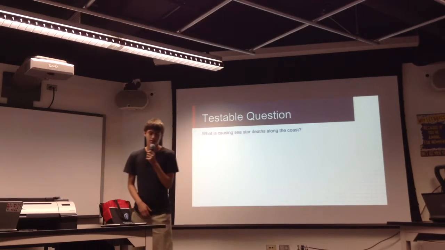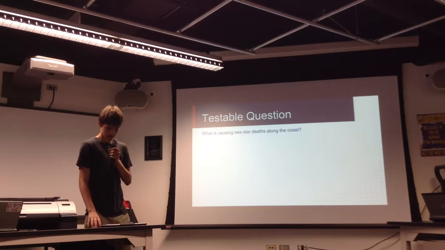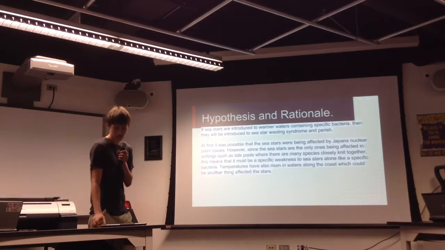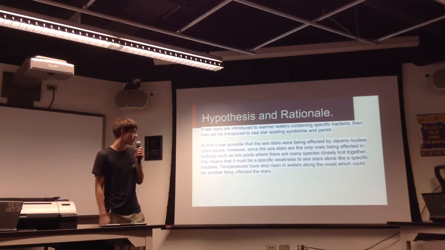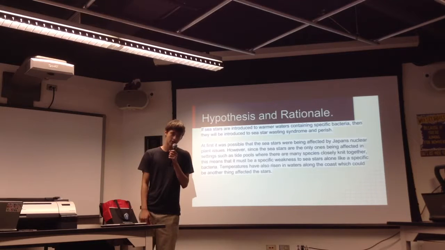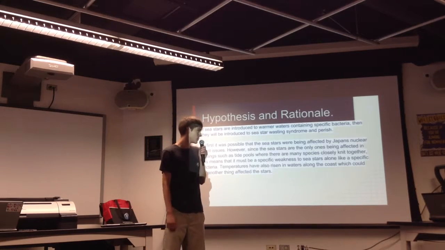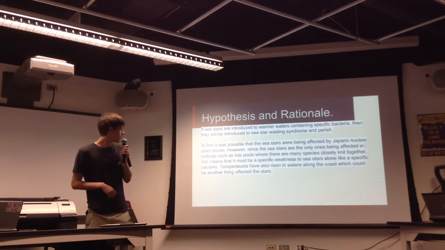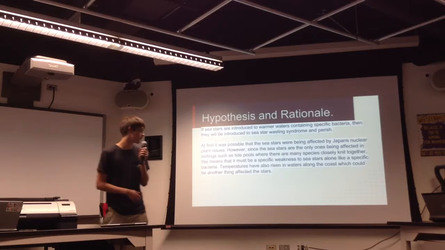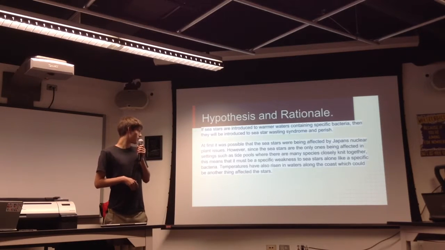So the question is, what is causing the sea star deaths along the West Coast? If sea stars are introduced to warmer waters containing specific bacteria, then they will develop sea star wasting syndrome. My rationale is, at first it was possible that the sea stars were being affected by Japan's nuclear plant issues.